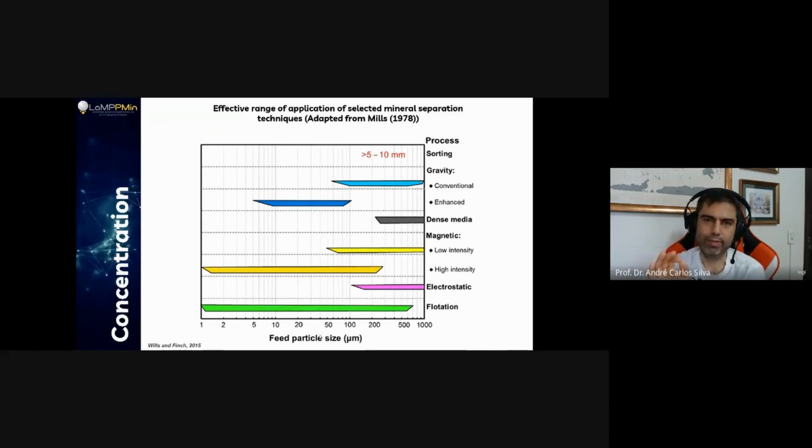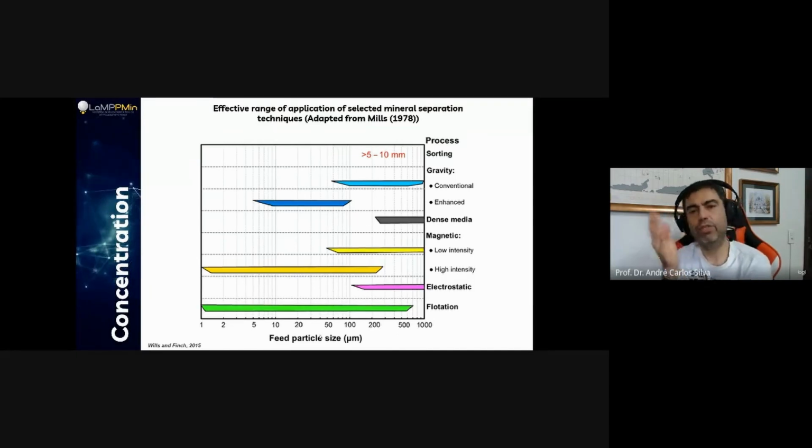You're going to have problems. And then enters flotation. The author in here is Wills, and I know Finch also, okay? And Finch is a master in flotation, and they put flotation down to 1 micrometer. It's quite difficult to perform flotation at 1 micrometer. I'm not going to say impossible, because it's possible, but it's not feasible.